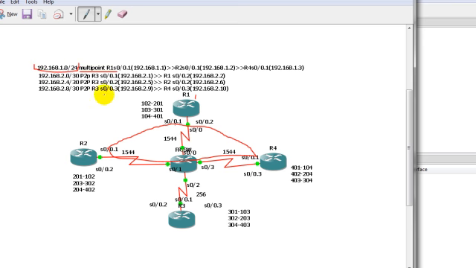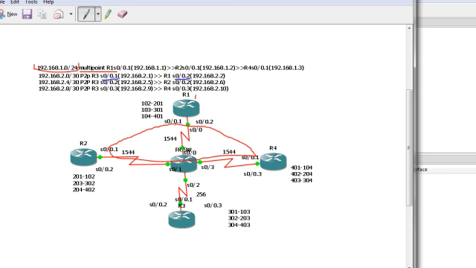And I want to use point-to-point sub-interfaces between router 3 and the other routers. Router 3, I want to use a blue pen, with serial 0/0.1 of router 3 connects with router 1 by serial 0/0.2.